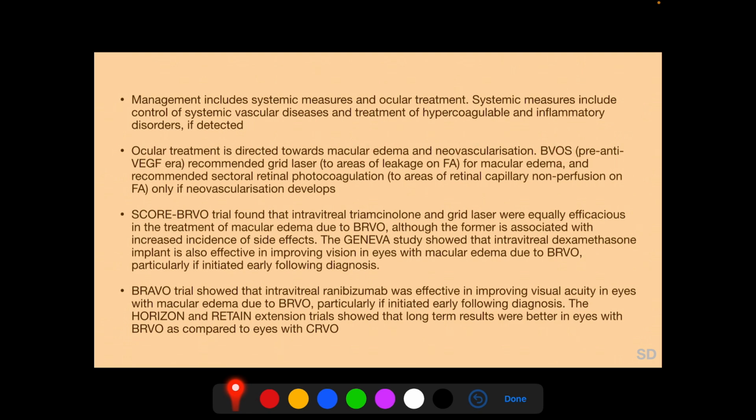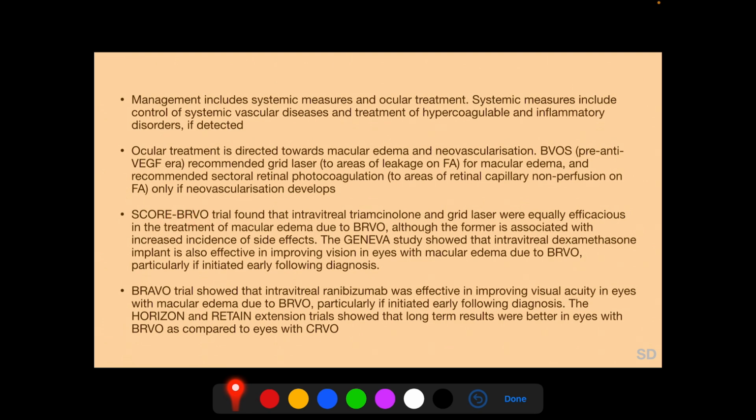BVOS, a pre-anti-VEGF era study, recommended grid laser to areas of leakage on fluorescein angiography for macular edema, and also recommended sectoral retinal photocoagulation to areas of retinal capillary non-perfusion on fluorescein angiography only if neovascularization develops.